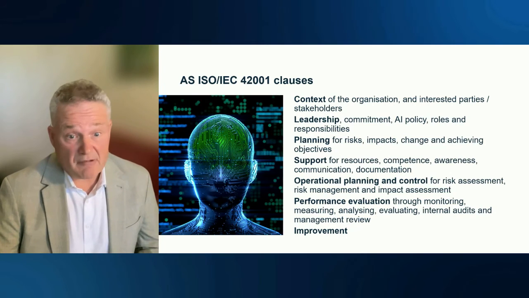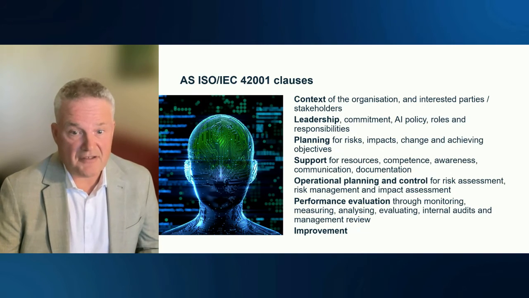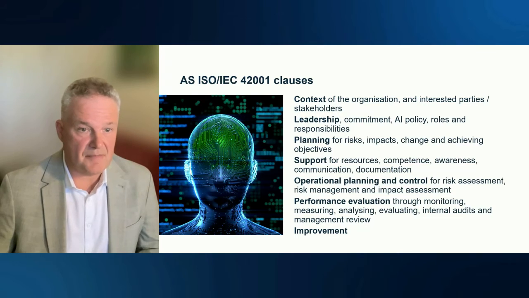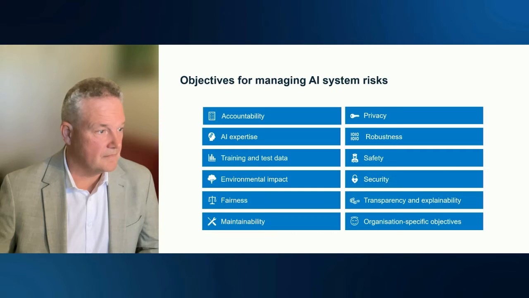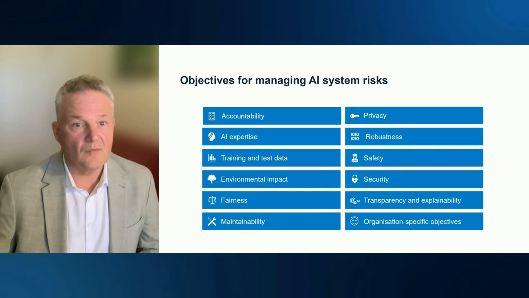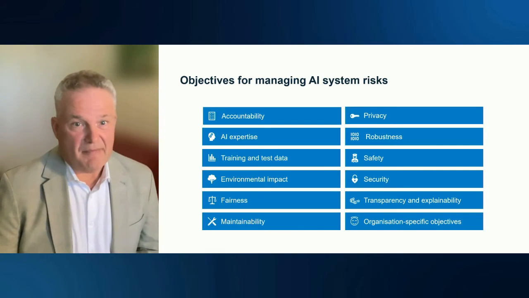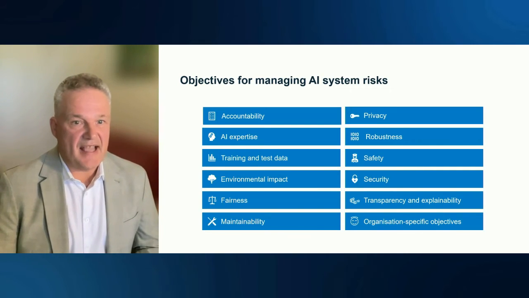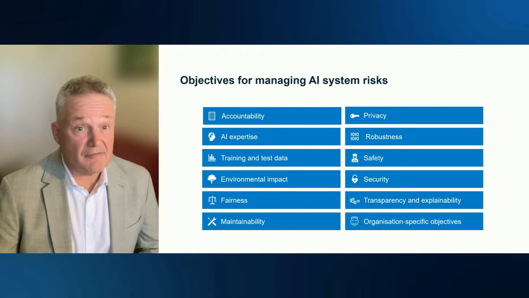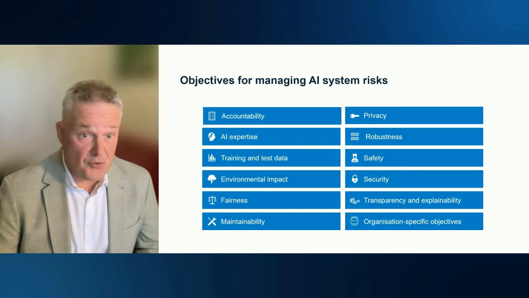So in the time that remains, let's have a look at the contents of some of the annexes in AIMS. Interestingly, the annexes actually make up the largest part of the standard. What we're looking at here is a representation of Annex C. Annex C covers two things.